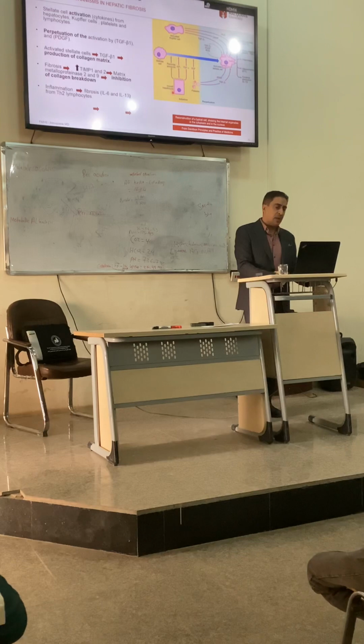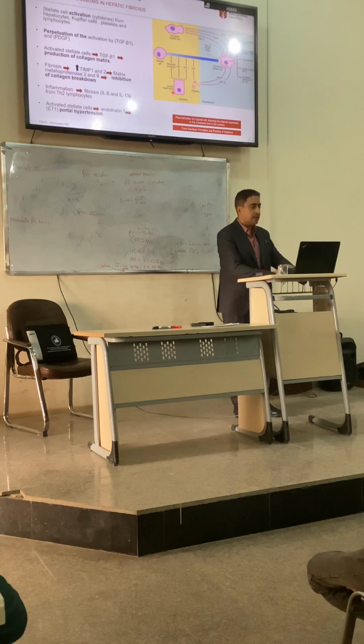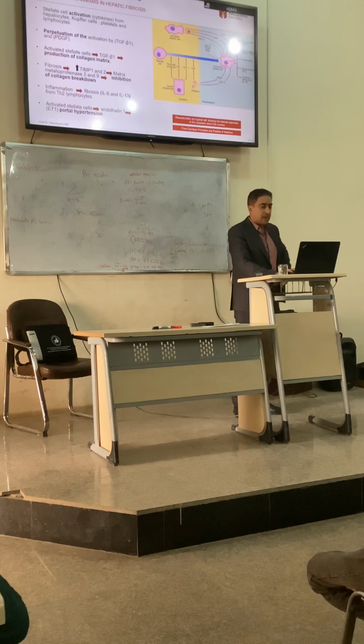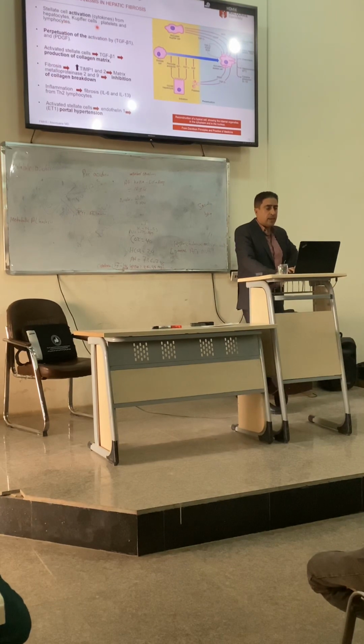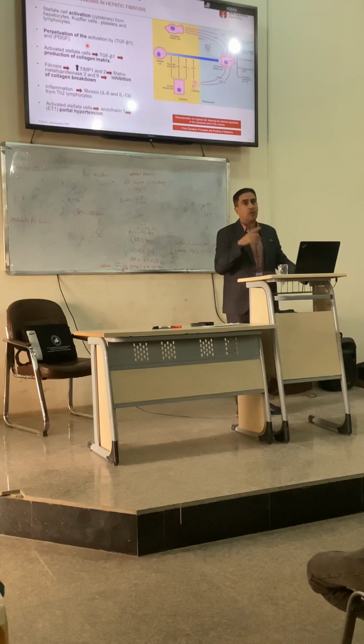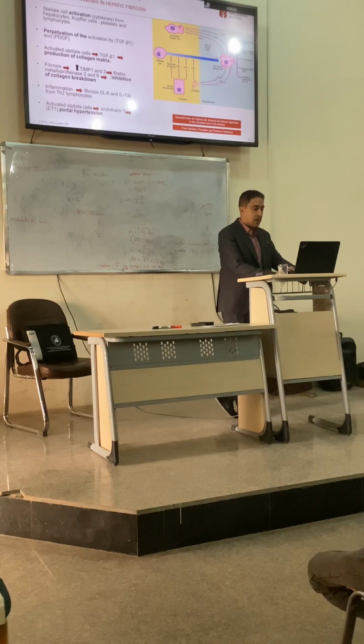This is a busy slide. I don't need you to worry about this, but you need to understand that when there is stellate cell activation by cytokines from the hepatocyte, Kupffer cell, and lymphocytes, there is perpetuation of this activation. So it forms a vicious cycle of activation, as you can see in this diagram.